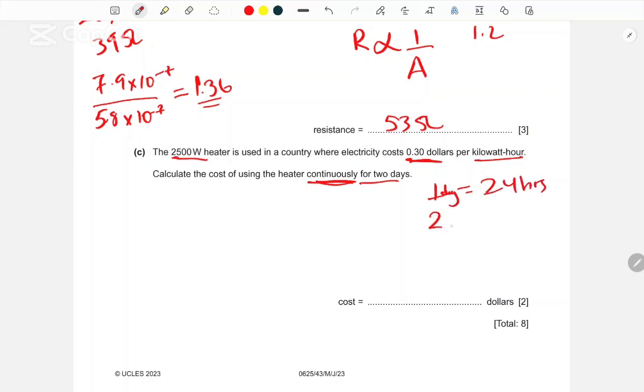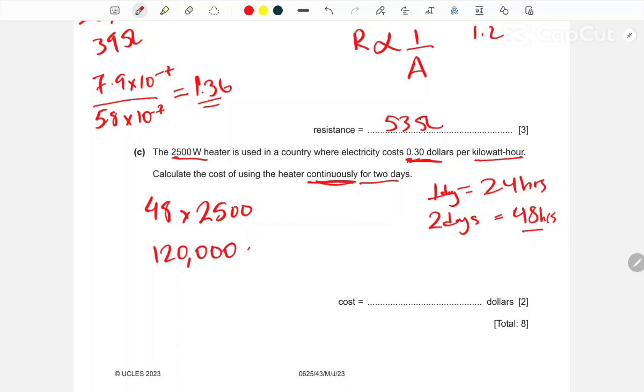So in 2 days, there's going to be 48 hours. So the cost is 0.3 per kilowatt hour. So we multiply 48 times 2,500. So when we multiply it, 48 times 2,500, it would give 120,000.